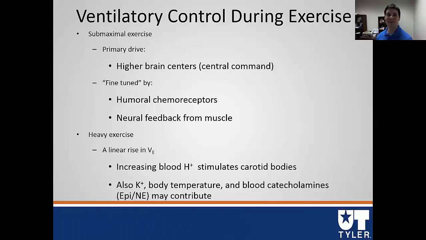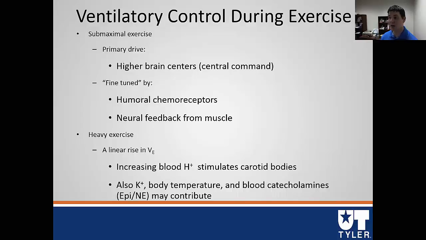So if we look at the ventilatory control during exercise, we'll see that the primary drive for regulation of ventilation is due to the higher brain center, right? So that would, of course, be our medulla, our respiratory control center in the medulla. However, because we so tightly control our PCO2 levels, right, they remain relatively constant in homeostasis at this low intensity, submaximal, less than lactate threshold exercise, we know that there has to be some other kind of fine-tuning mechanisms to not over-adjust.